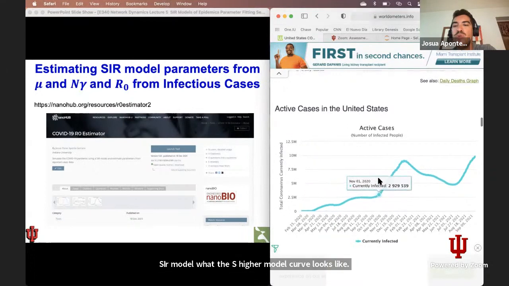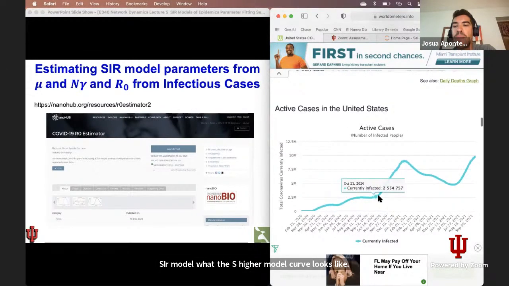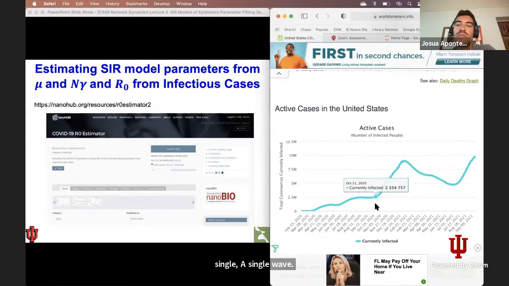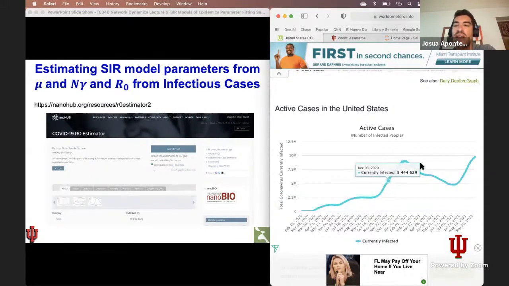But you can still use a single wave, and assume that each single wave is its own independent epidemic, and then try to infer some of the parameters of a SIR model.